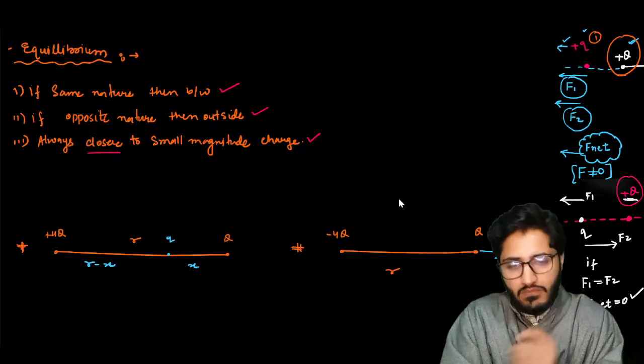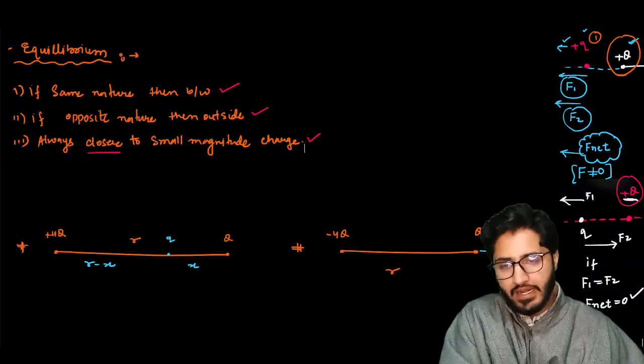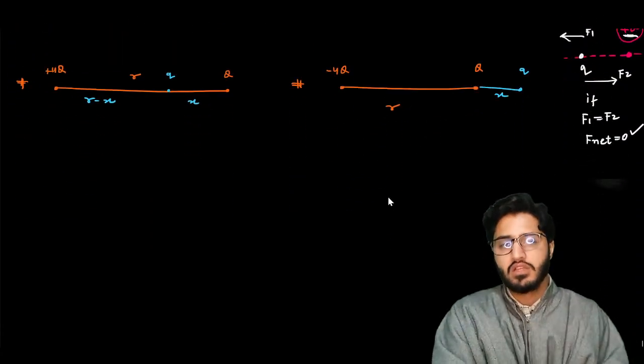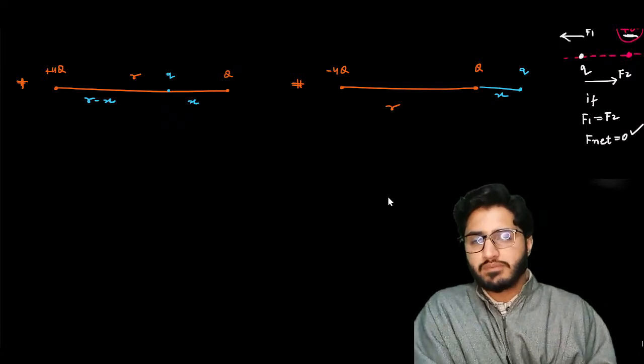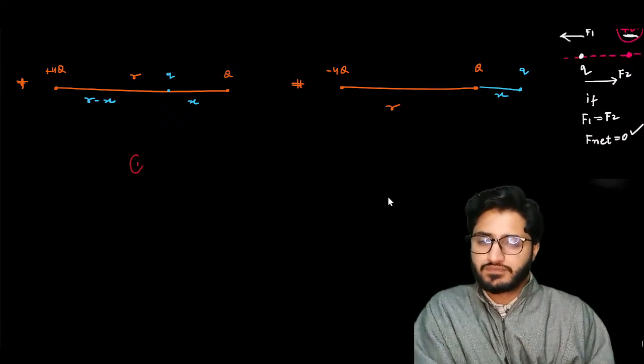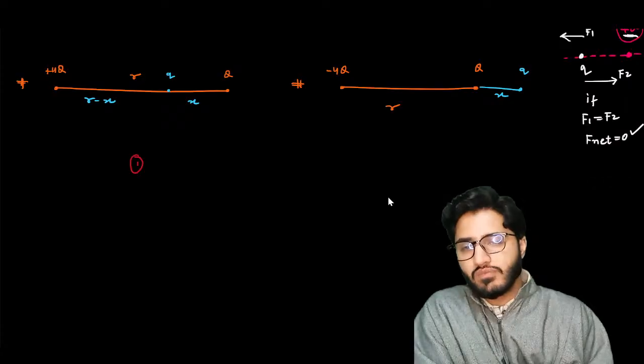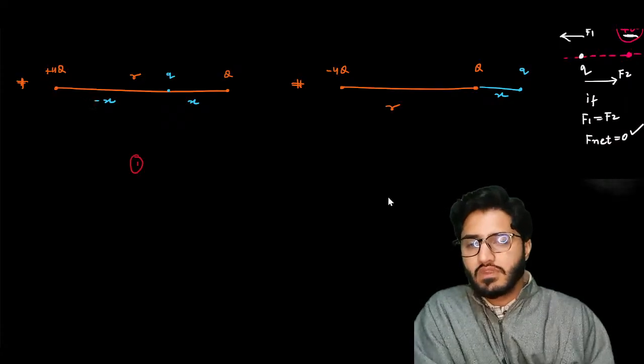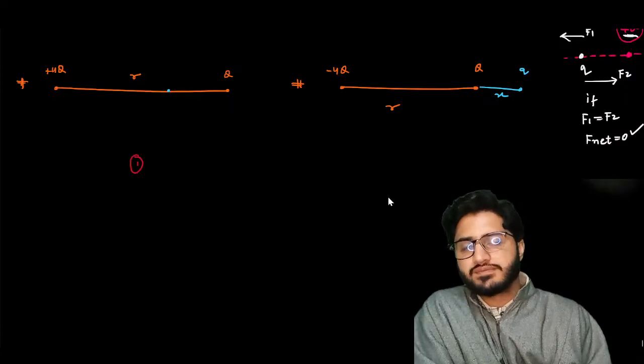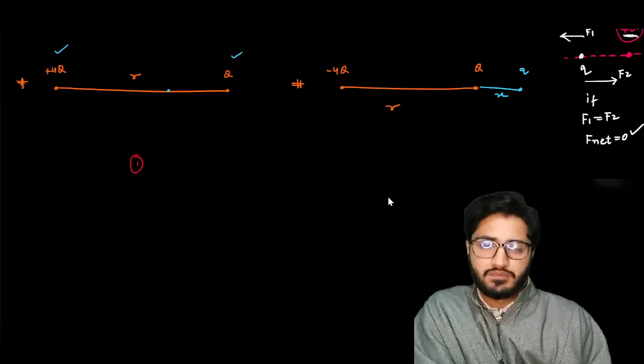Done. Look here, you will see two numericals. First numerical is this one. We have two charges. We have plus q, 4q, we have plus q.